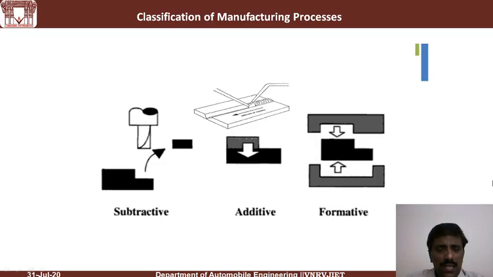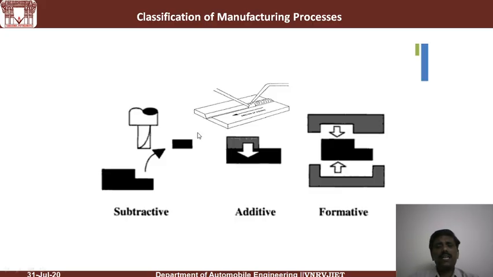The same thing is represented in the form of a block diagram. You can see the first one is the subtractive manufacturing process, where we remove the material to get the desired shape. Let us assume the raw material is in cuboid shape, so I have removed material so that I got a shape like this. Another manufacturing process is the additive process. You can see here the two workpieces are joined with the help of welding technique.